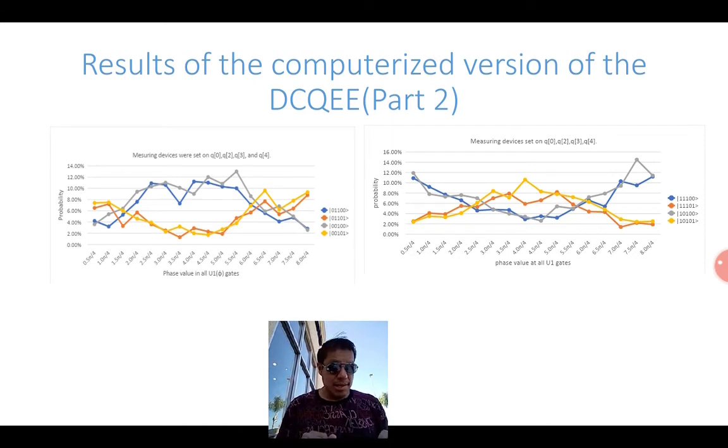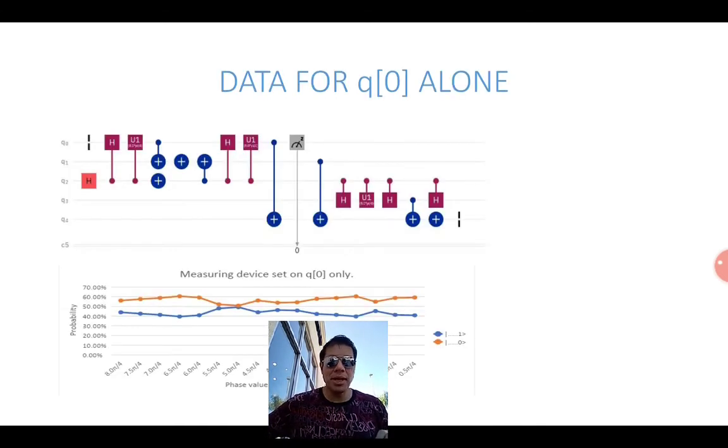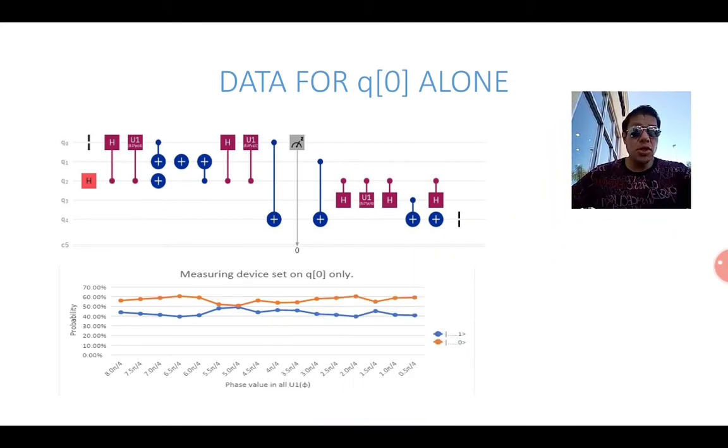It's one interpretation of the information. There are many interpretations you can make out of the information, but certainly we can make that interpretation. And notice that if you just measure Q0 alone, you just get a flat line.